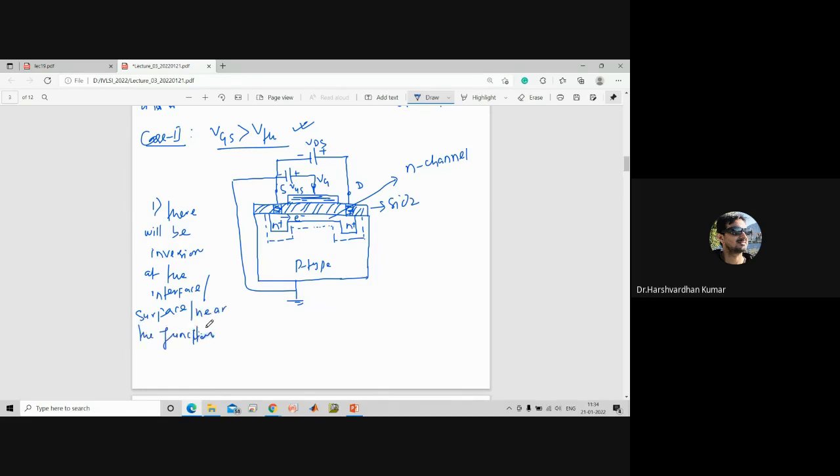As a result, flow of electrons occurs from source to drain. So the third point will be that a significant amount of current flows from source to drain.